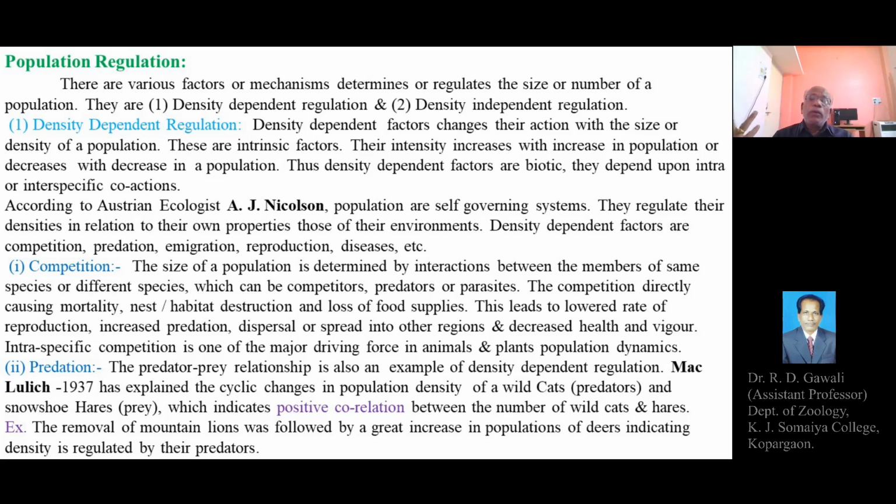Or if there are no lions in the vicinity, ultimately the number of deer will increase. So the predators are thus responsible for the increase or decrease in the population of the prey organism. So, predators also serve for population regulation, just like competition.